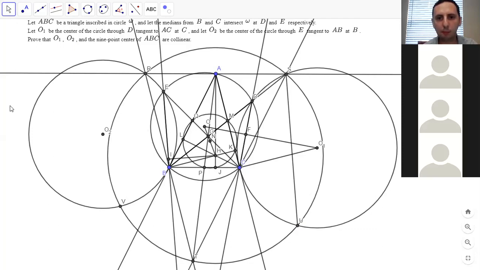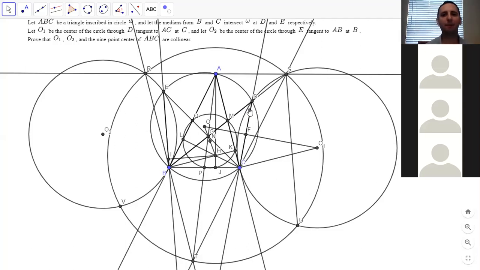Okay. S lies on the circle O1. This is because the angle DSC is equal to angle ABD. ABD? Yeah, because ASCB is a parallelogram, right? Yeah. So CSD will be equal to ABD.